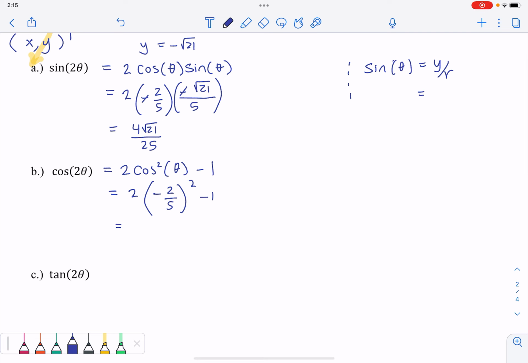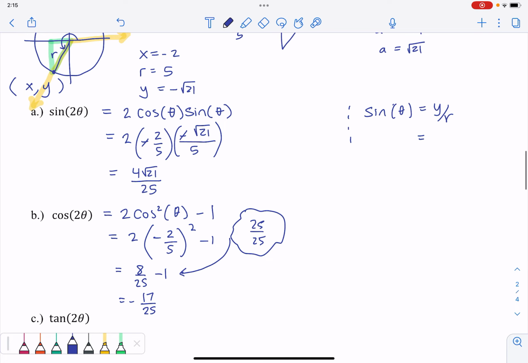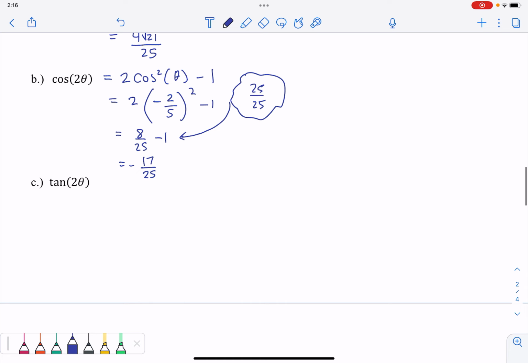This is going to be 4/25 times 2 is 8/25. And taking away 1, we can think of 1 as 25 over 25. So 8/25 take away 1 is negative 17/25. So now we found the value of cosine of 2 theta given just the cosine value and the quadrant that the original theta is in.